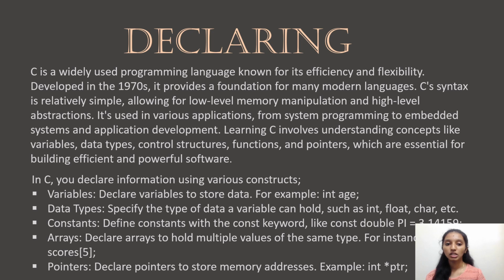In C, you declare information using various constructs. Those are variables. Here you declare variables to store data, for example, int age. Data types specify the type a variable can hold, such as int, float, char, etc. Constants define constants with the const keyword, like const double pi = 3.14159.